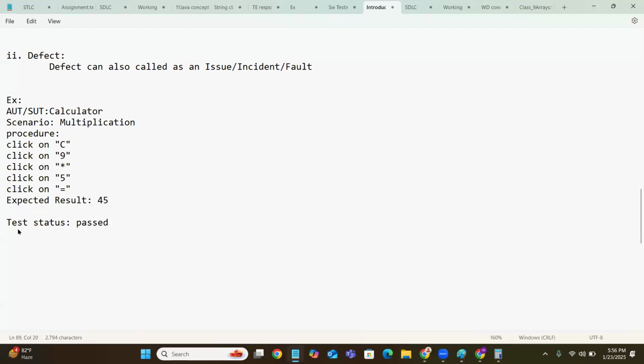Pass. Okay. Why is it passed? Because whatever actual result we got in calculator is also 45. So that means expected and actual result both are matching. That's why the test is passed.